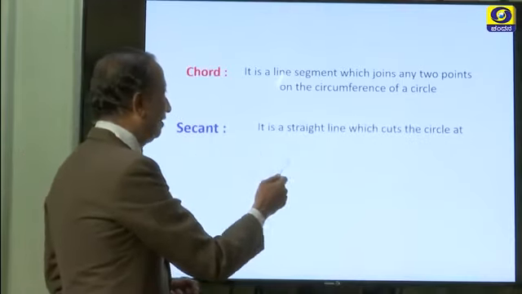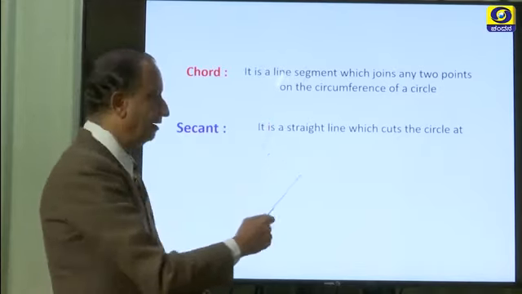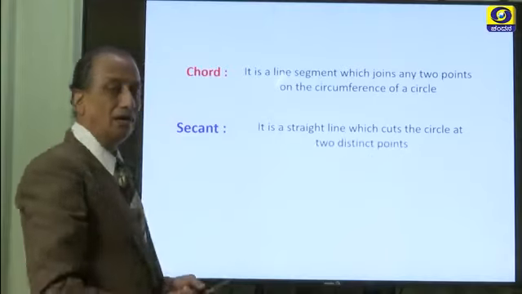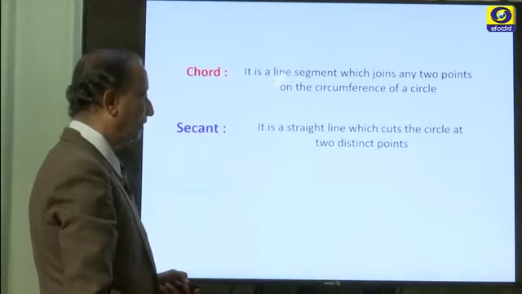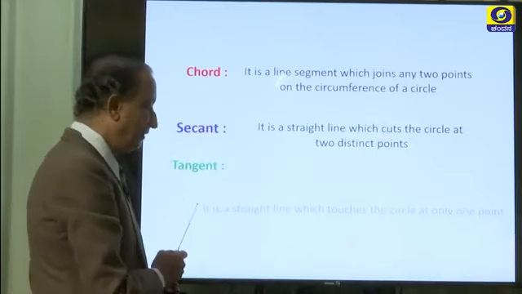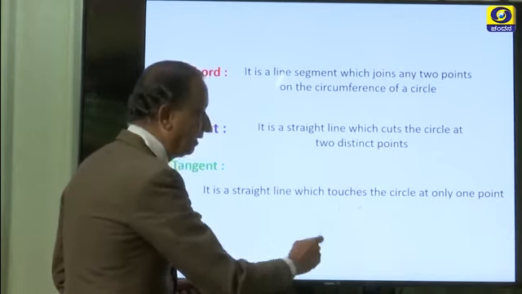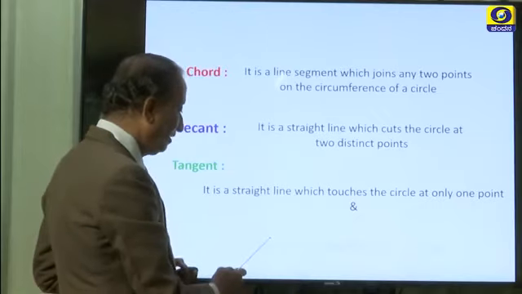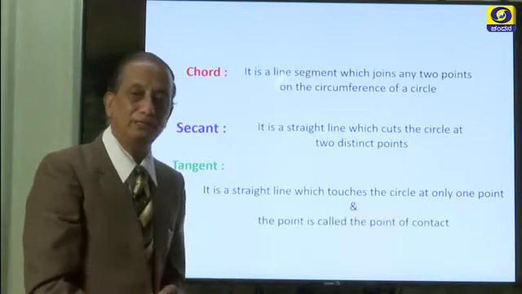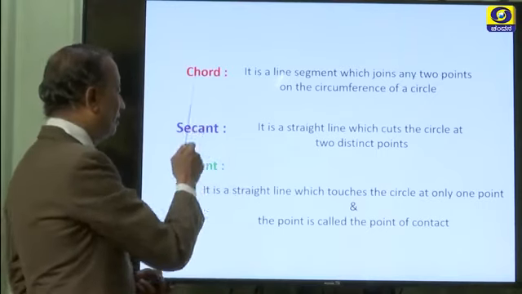Chord is a line segment, whereas a secant is a straight line which cuts the circle at two distinct, separate points. And finally, a tangent is a straight line which touches the circle at only one point, and the point is called the point of contact. So, these are the definitions for a chord, secant and a tangent.